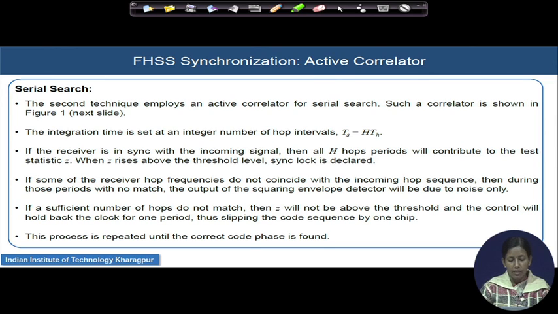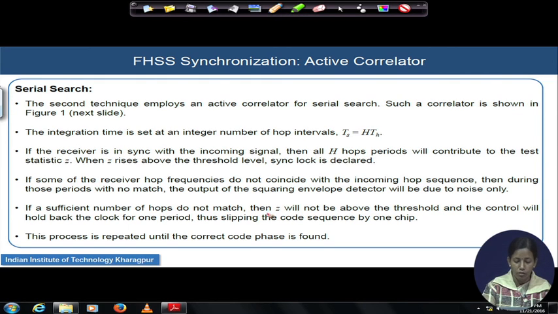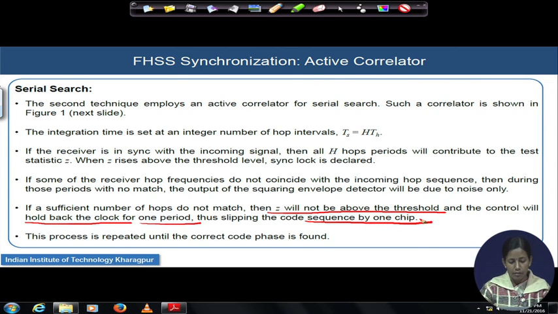So, the question is, what if a sufficient number of the hops do not match? We understood that z will not be above the threshold, and the controller will now readjust the clock. When the test parameter fails to cross the predefined threshold, the controller holds back the clock for at least one period, thus slipping the code sequence by one chip, and this process is repeated until the correct code phase is found.